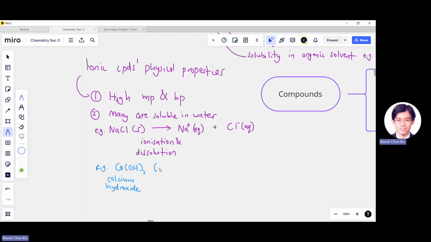You can buy it as a solid. But you dissolve it in water, you get this. Now, I want you to be careful. There's a 2 here now, there's a 2 there, which means I have to put a 2 there.